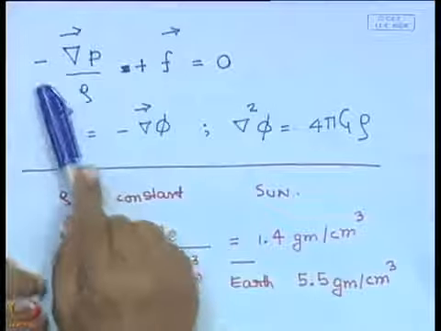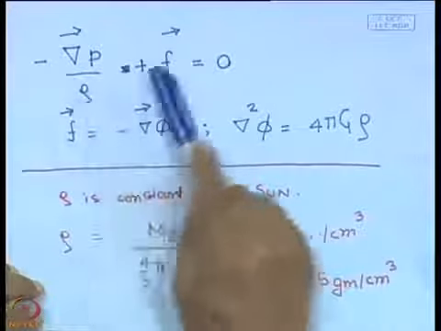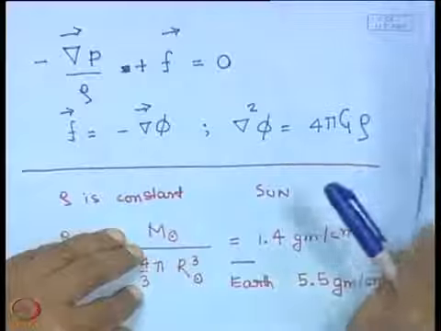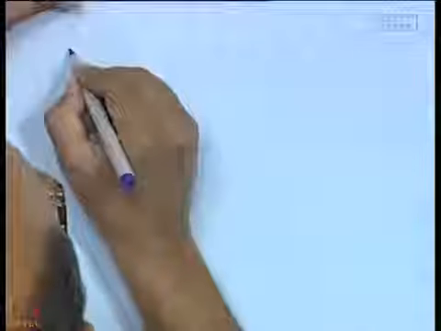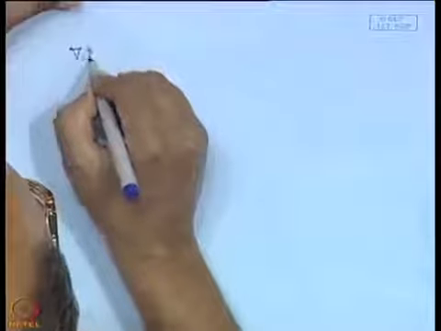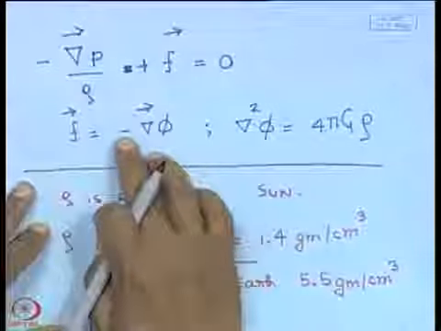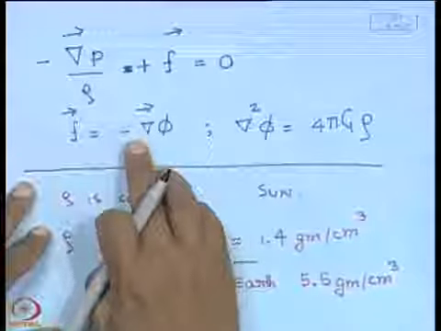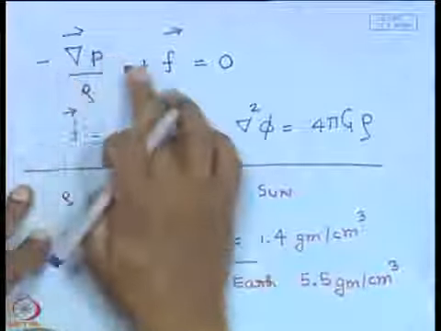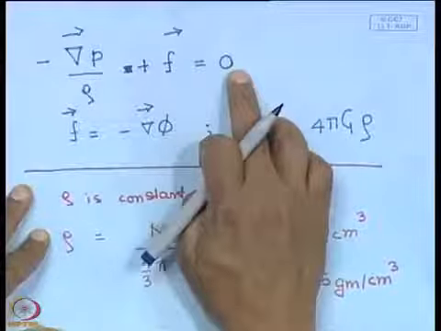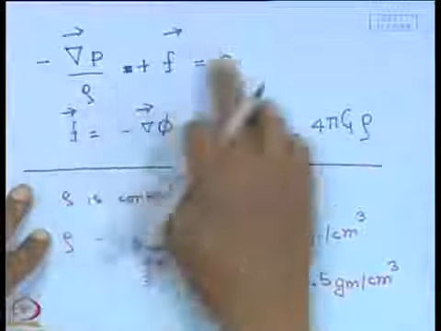So, we will just multiply this over here, and what we have then is grad P is equal to this. If I put it here, the minus sign cancels out, then I take it onto the right hand side. So, this is equal to rho into grad phi with a minus sign.